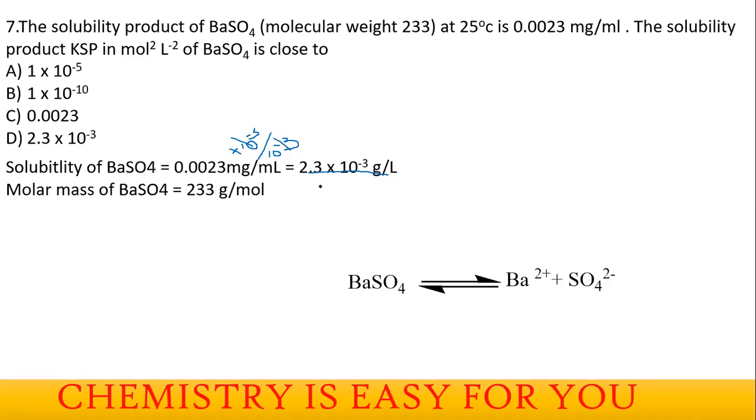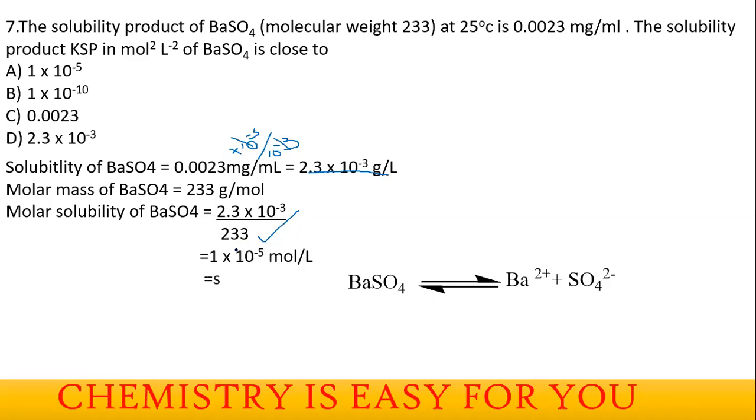So we have the solubility of BaSO4 and molar mass of BaSO4, and we know the reaction. In the next step, we will be calculating the molar solubility of BaSO4. The molar solubility will be solubility divided by the molar mass. So 2.3 into 10 raised to minus 3 divided by 233, and we will get 1 into 10 raised to minus 5 mole per liter.